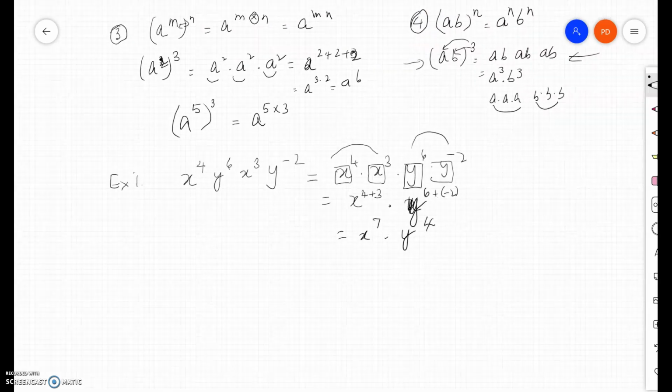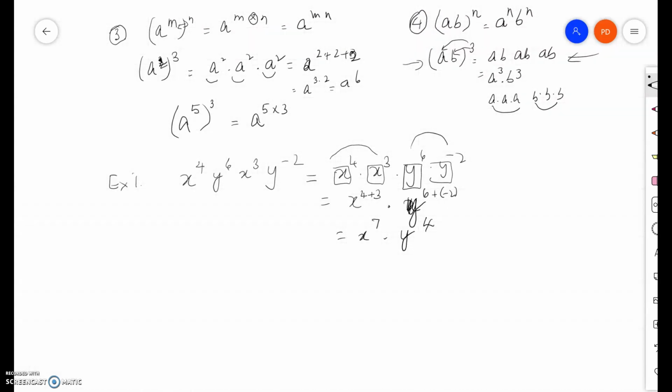Now suppose we have x to the 4th, y to the 7th, z to the negative 3 divided by x cubed, y to the 9th power, z to the negative 4th power. Now here, remember, the rules work only if the bases are the same.